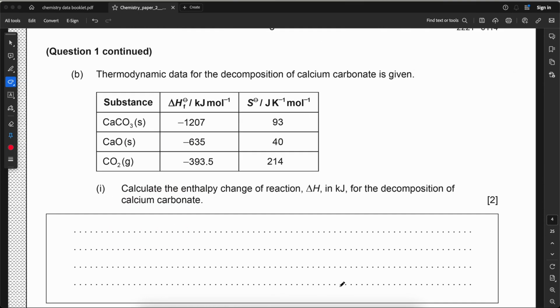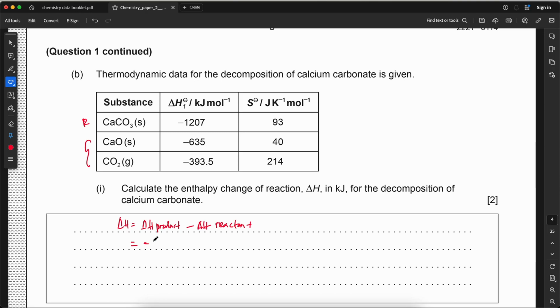Thermodynamic data for the decomposition of calcium carbonate is given: CaCO3, CaO, and CO2. So the products will be CaO and CO2, and this is the reactant. Calculate the enthalpy change of reaction, delta H, in kilojoule for the decomposition of calcium carbonate. That would be delta H products minus delta H reactants.